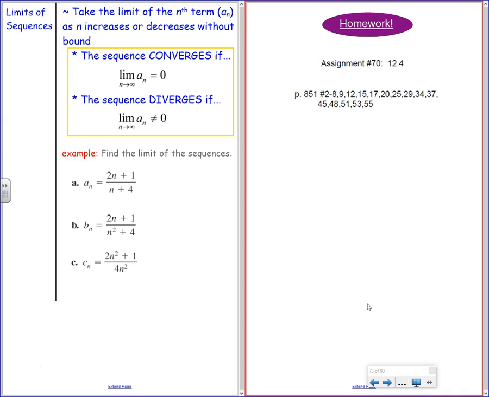If the limit of the terms are not 0, we say the sequence diverges. Although I don't really like that. My Calc BC teacher self doesn't like that, so let me just double check. But you guys can start with the examples down below, taking limits to infinity. Thinking of degree tests.